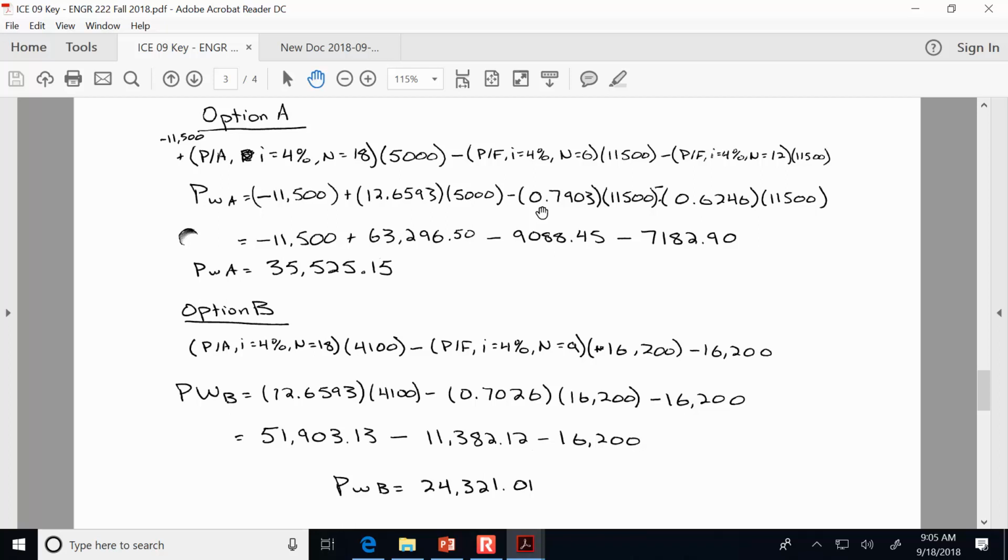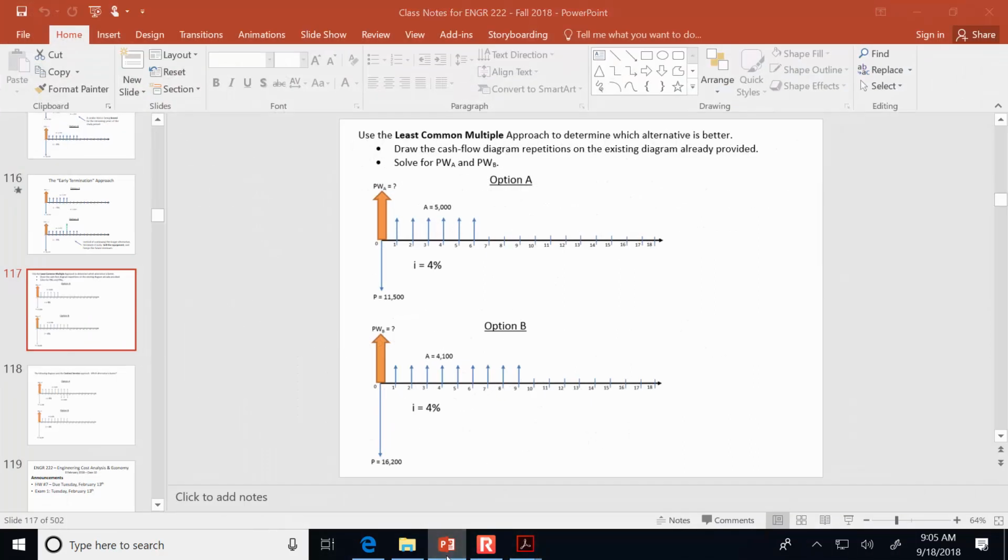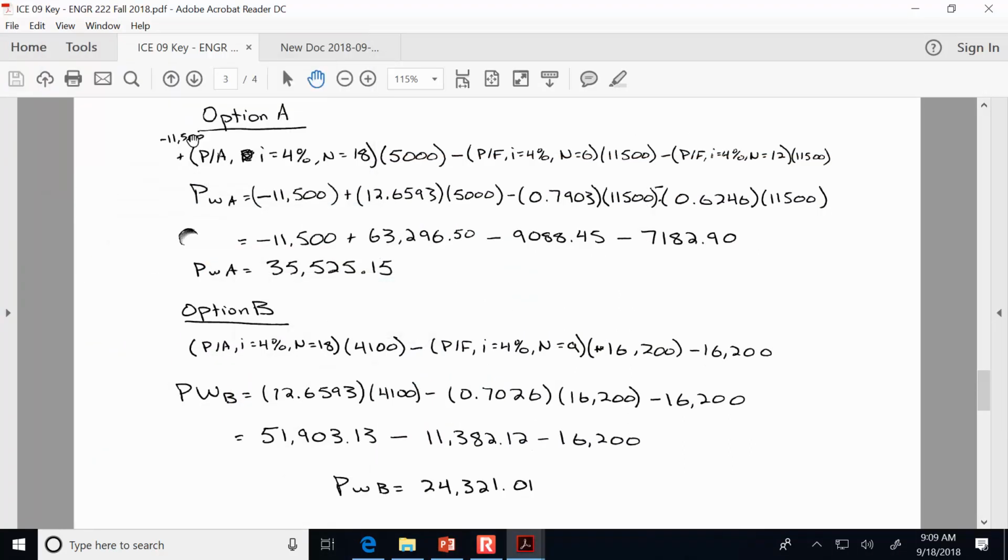That's not my best work. So let's just make sure we're all on the same page, talk through the second and the third solution.